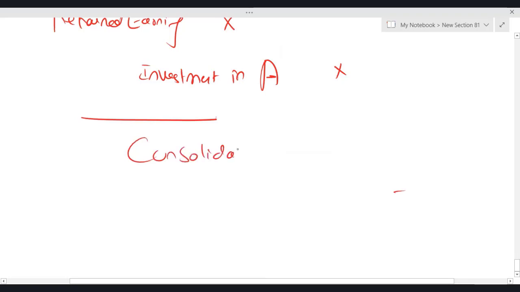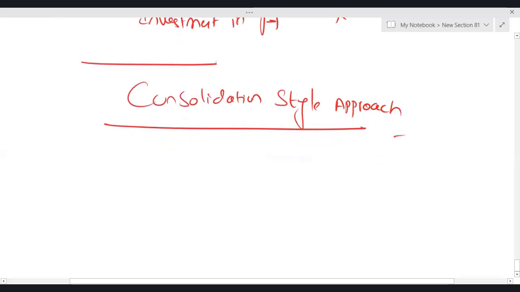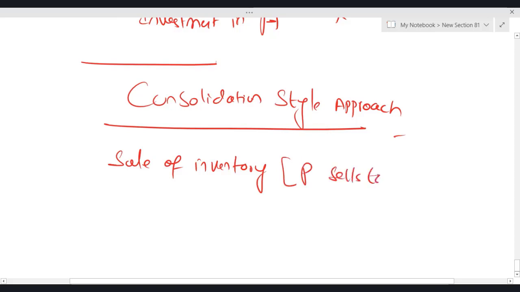Consolidation style approach. Sale of inventory. Parent sells to associate.